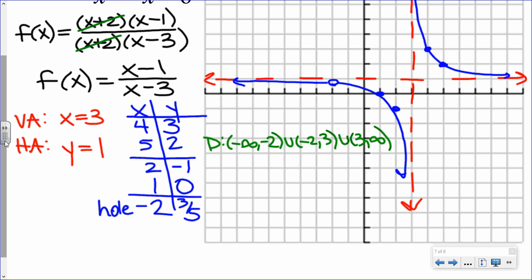Same thing is true for the range. We do not have a y value at the hole. So our range, we have to exclude 3/5 because it's the hole. And we don't cross the horizontal asymptote, so we have to exclude 1 as well.